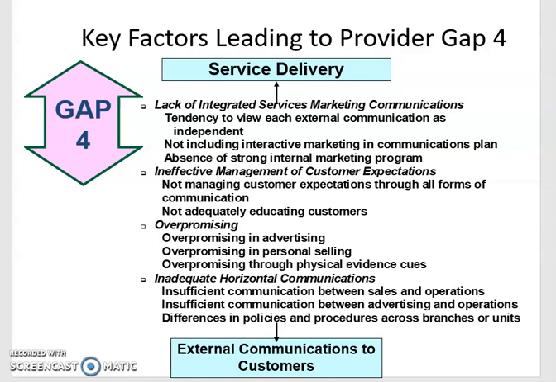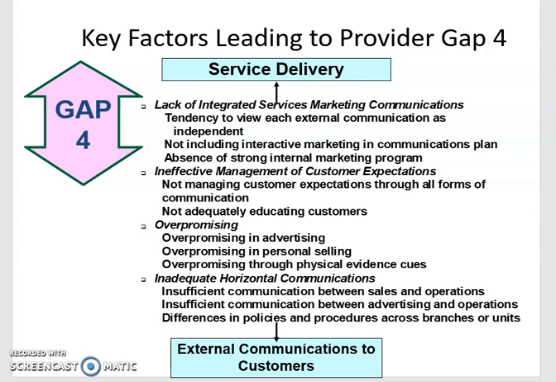Then followed by inefficient management of customer expectation, which helps us understand how customers are not being educated properly with respect to understanding their expectations. Another important thing is over promising, by showing so many things which are not appropriate with respect to the reality of your services.